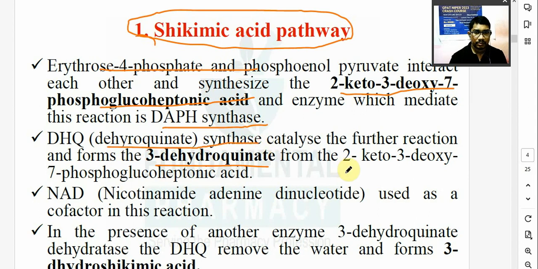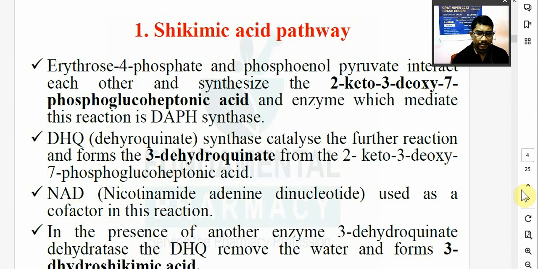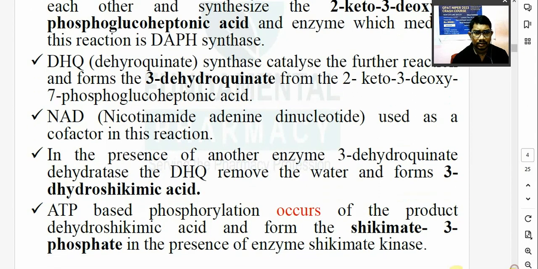Then there is a phosphorylation with addition of a phosphate group. ATP-based phosphorylation occurs of the product, and you will get shikimate 3-phosphate in presence of enzyme shikimate kinase. बाद में phosphoenol pyruvate react with the shikimate 3-phosphate to form 5-enol pyruvyl shikimate 3-phosphate with the help of enzyme EPSP synthase.